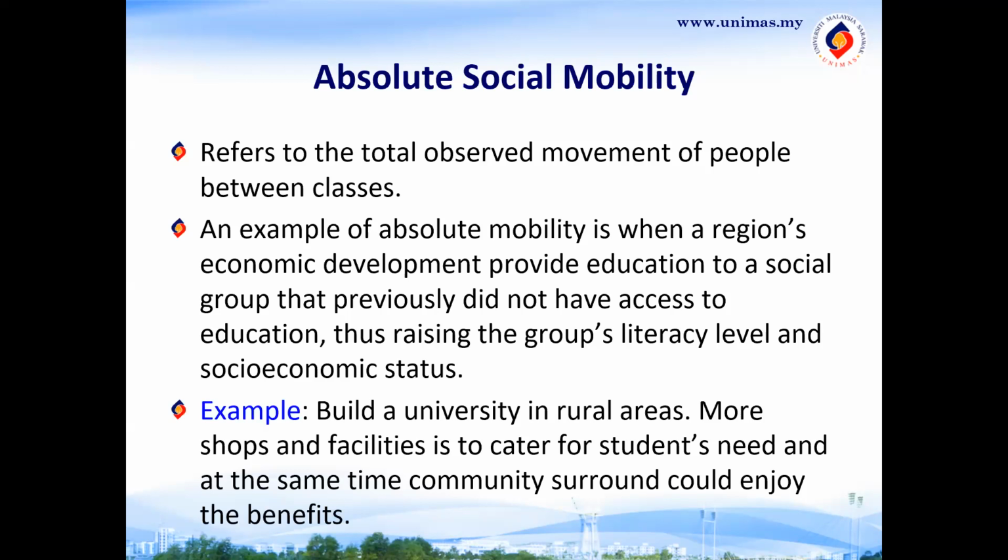Contohnya, building a university in rural areas like Unimas. This place was a rural part of Sarawak, Semerahan at one time. So disebabkan oleh adanya universiti di kota Semerahan sebagai contoh, banyak pembangunan lain yang berlaku as well.